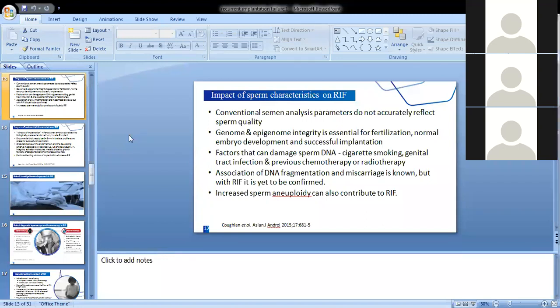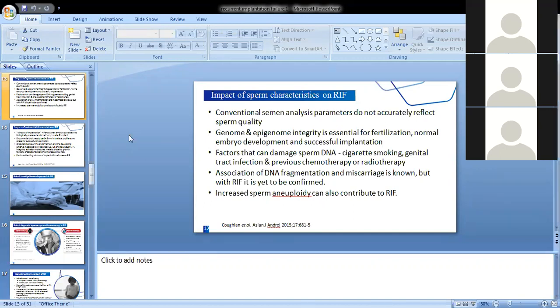And nowadays we know there is one technology, that is IMSI, intracytoplasmic morphologically selected sperm injection, which can detect a morphologically normal sperm before ICSI. And it has been observed that if the sperm is morphologically normal, then there is less chance of DNA fragmentation and aneuploidy.